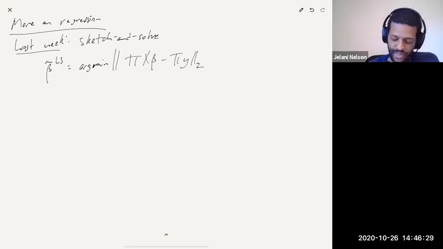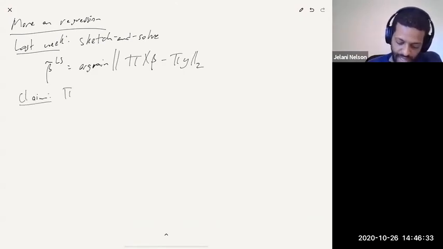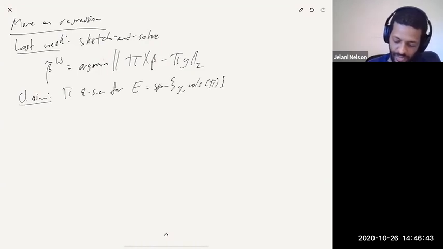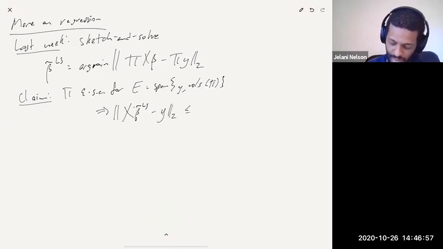And then the claim was: pi being an epsilon subspace embedding for E, which is the span of y and the columns of x, implies that the L2 norm of x beta tilde LS minus y is at most 1 plus epsilon over 1 minus epsilon times the L2 norm of x beta LS minus y.